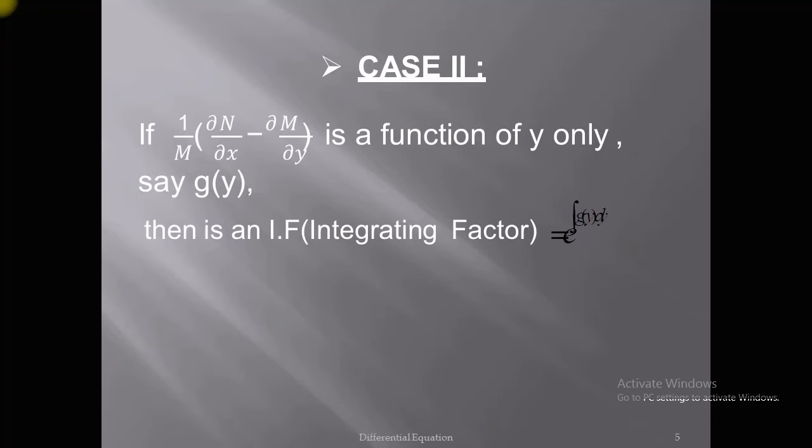In the second case, if partial N by partial x minus partial M by partial y, divided by M, or 1 over M into (partial N by partial x minus partial M by partial y), is a function of y only, say g of y, then an integrating factor will be e to the power integration of g of y dy. The e to the power of the integral of the g function with respect to y will be the integrating factor.